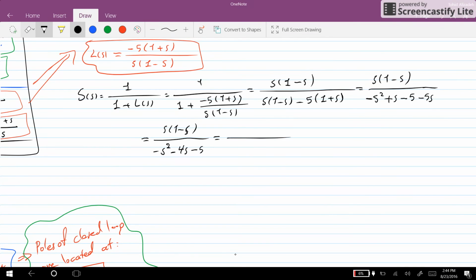Or in other terms, we will have S times S minus 1, multiplying the numerator and denominator by a negative sign, S squared plus 4S plus 5 at the denominator.